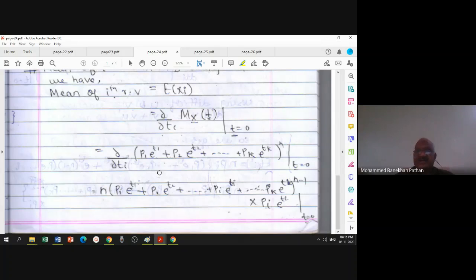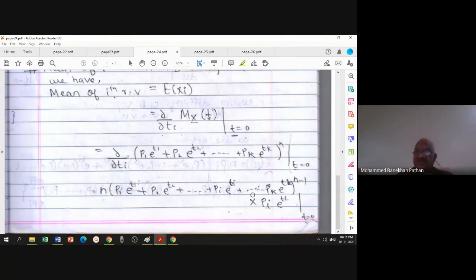This is the end of differentiation of this quantity with respect to ti. Now I replace t as 0 everywhere. That means t1 becomes 0, t2 becomes 0, ti becomes 0, tk becomes 0.